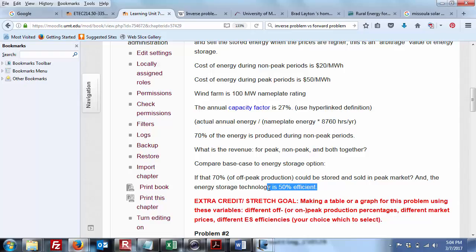Now, this says for extra credit, make a table or a graph of this problem using these variables. Different on-peak or off-peak percentages, so tweak the 70, and once you've done it for 70, you could run it for 0, 10, 20, 30, so 11 scenarios.